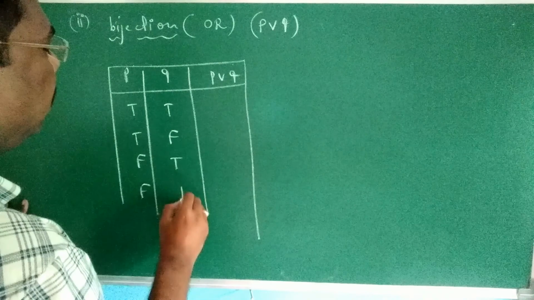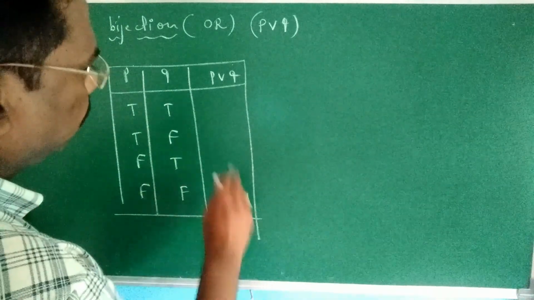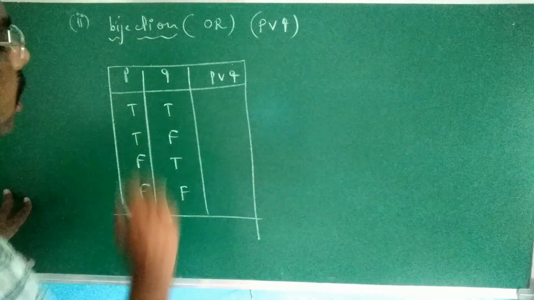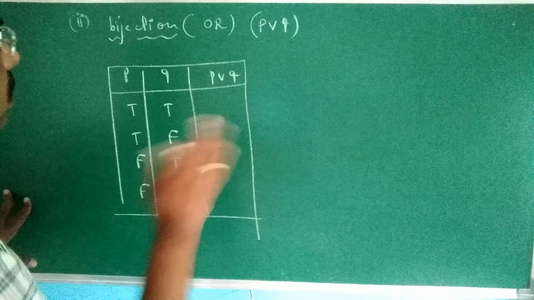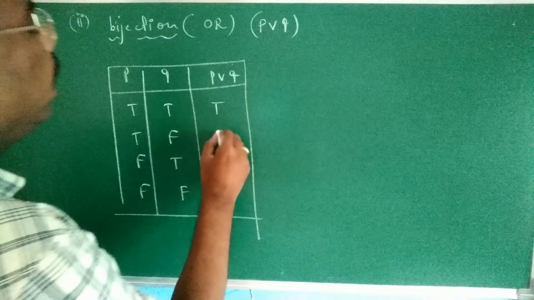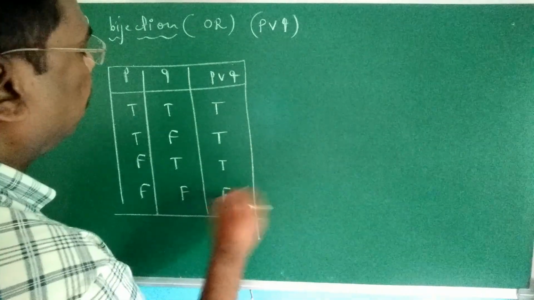Now, when P and Q both are false, then P or Q is false. Otherwise, the remaining are all true. Here true, here also true, and here also true, here false.